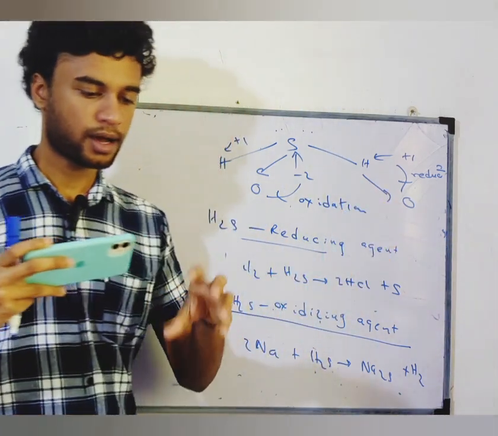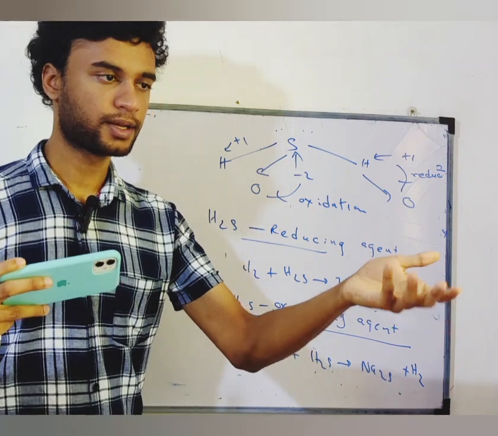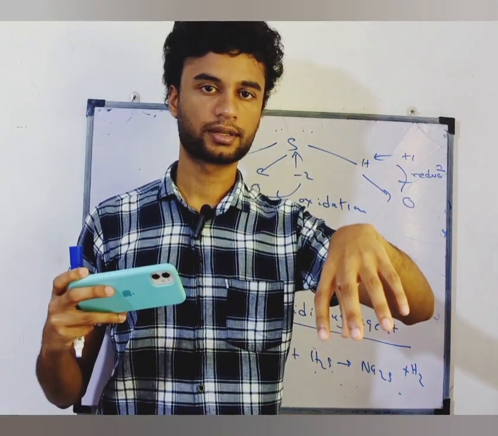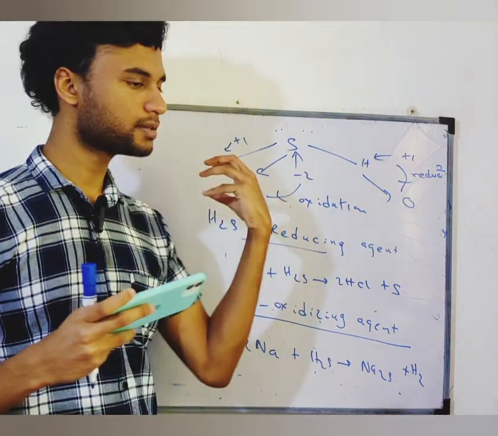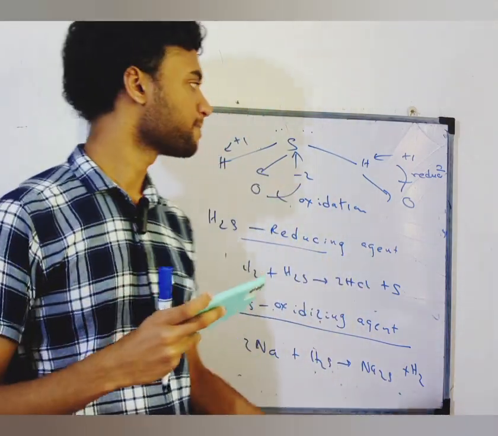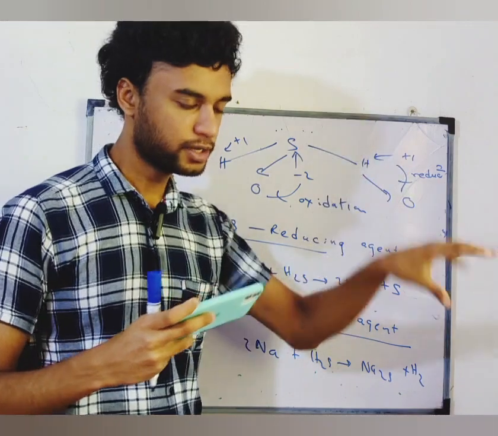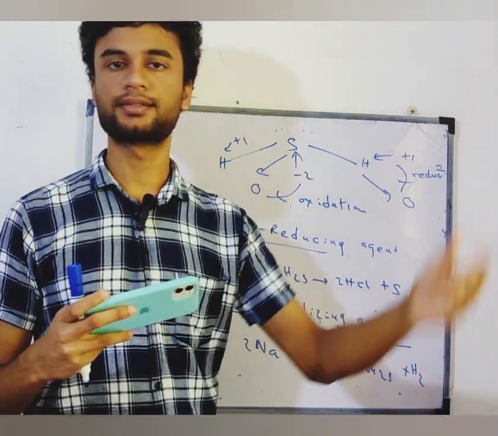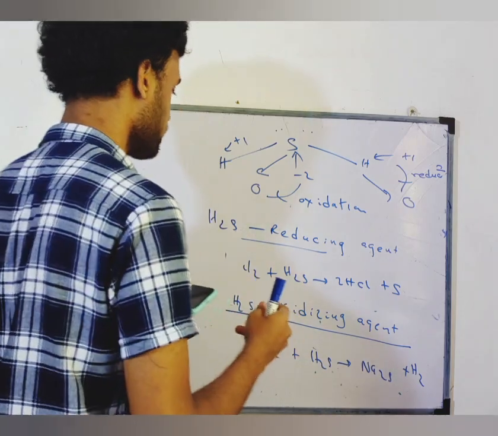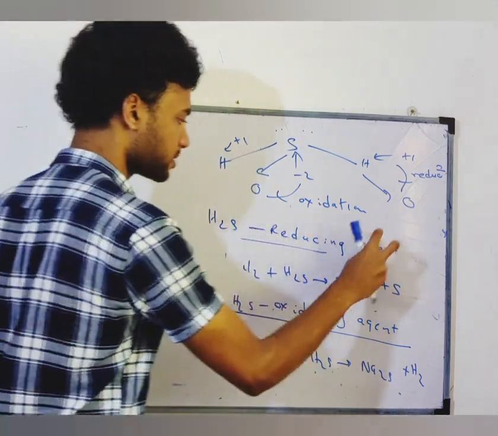H2S oxidizes itself, then the other reagent reduces. When H2S oxidizes, the other reagent reduces. When H2S reduces itself, the other agent oxidizes itself. Is that clear? Look at this example. H2S acting as a reducing agent.